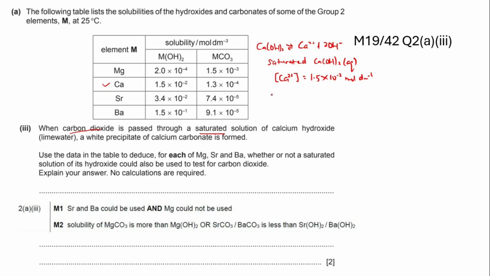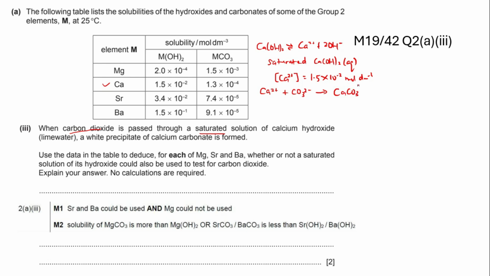When carbon dioxide is passed through this saturated solution, calcium carbonate will form. So calcium 2+ ion will react with carbonate ions to form calcium carbonate.